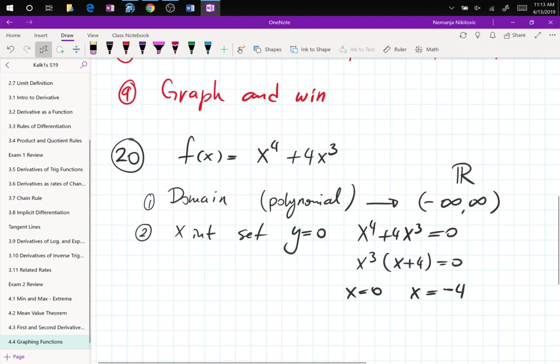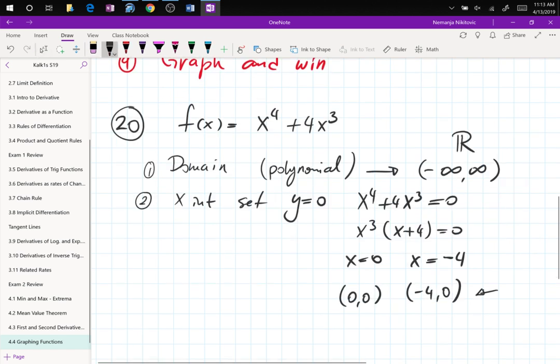I have 2 x-intercepts, but then this one is also at the same time a y-intercept. You can only have one y-intercept because it's a function, right? And 0, 0 is on both lines. So anytime you have a 0, 0 for x-intercept, it's immediately the y-intercept as well.